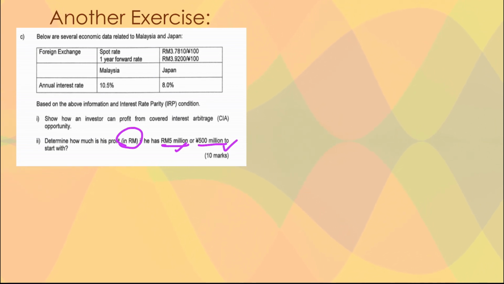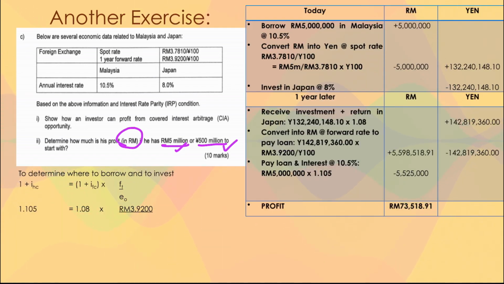First step is you have to test whether CIA exists or not for this situation. So to determine where to borrow and to invest, you have to find 1 plus i HC equals 1 plus i FC times forward rate divided by spot rate.